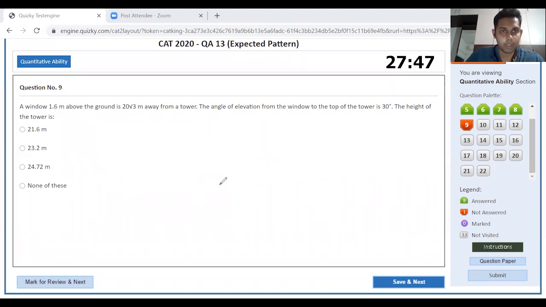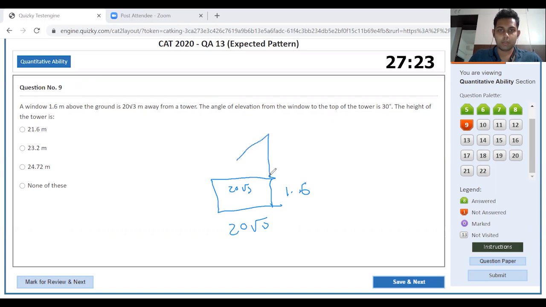A window 1.6 meters above ground is 20 root 3 meters away from a tower. This is 1.6, right? Angle of elevation from the top of the window to the top of the tower. So let's say this is the tower, this is the window, right?